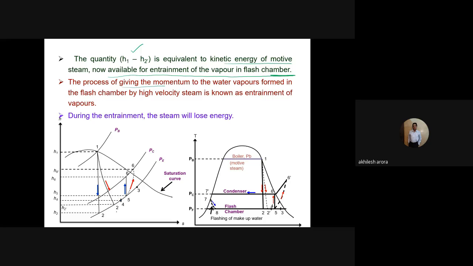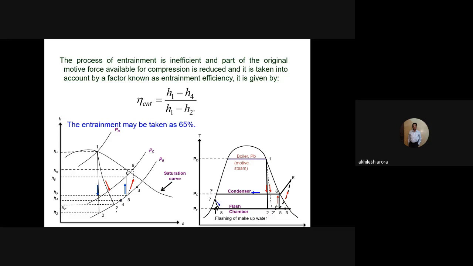The process of giving momentum to the water vapors formed in the flash chamber by high velocity steam is known as entrainment of the vapors. During the entrainment, the steam will lose some energy. As I told you, it reaches from 2 dash to point number 4. So some loss of energy of the steam is there, and this loss is due to the entrainment process. That is defined as the entrainment efficiency.